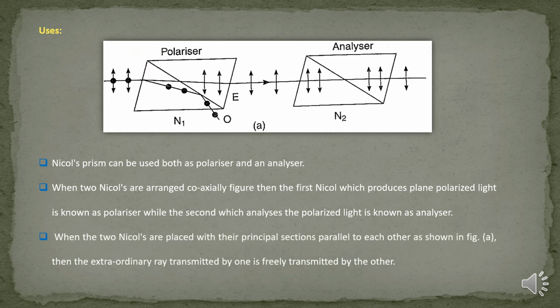When the two Nicols are placed with their principal sections parallel to each other, as shown in figure A, then the extraordinary ray transmitted by one is freely transmitted by the other.